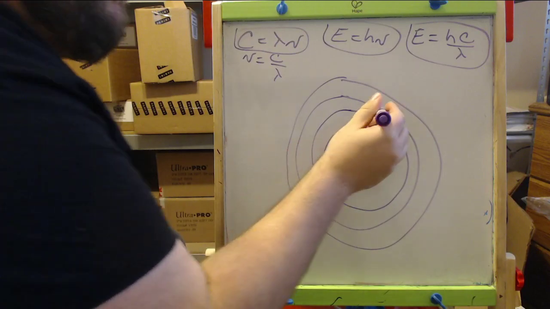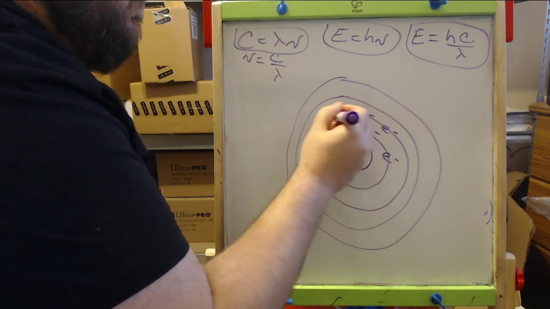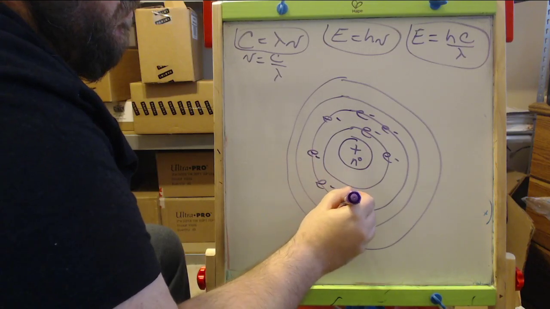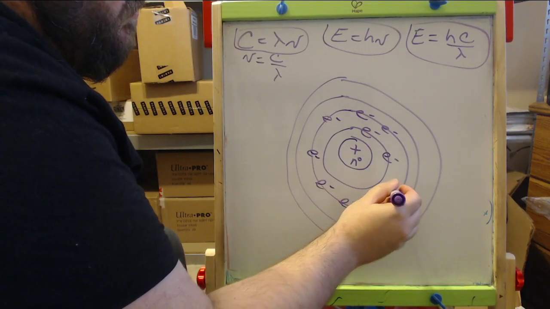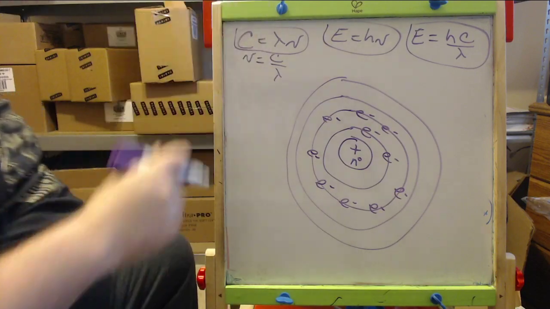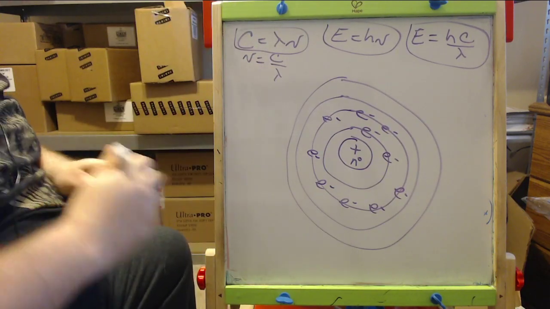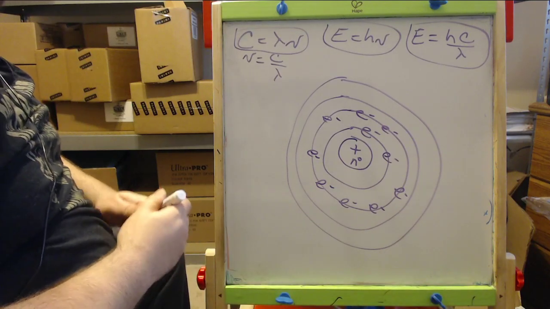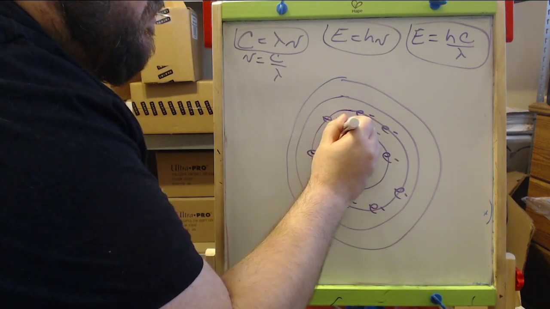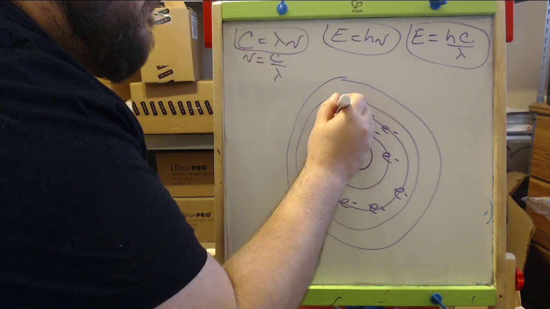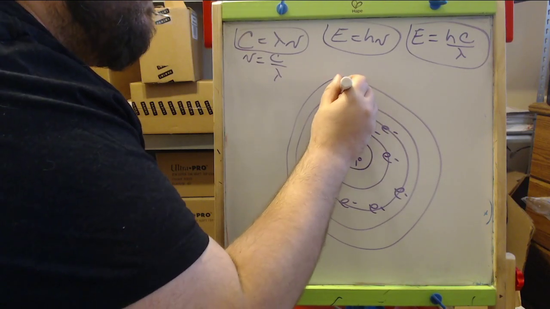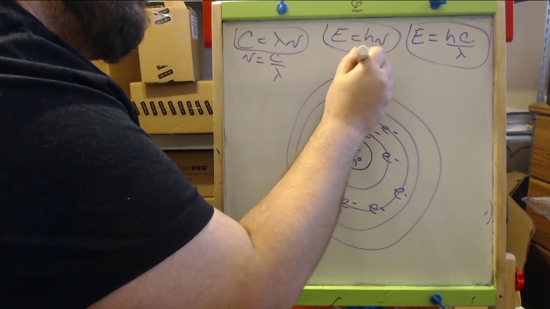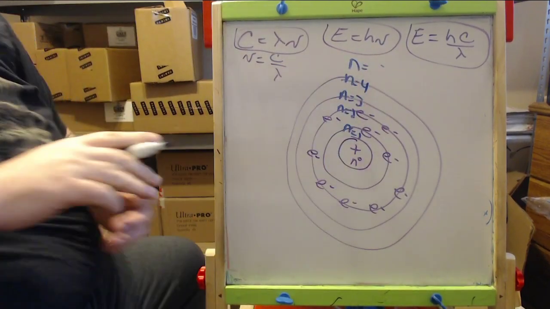And the bigger the levels get, the more electrons we can hold. Now he calls these levels n for the level number. And he says that the one closest to the nucleus is n equals 1. Then we have n equals 2, n equals 3, and so on, all the way up until n equals infinity.